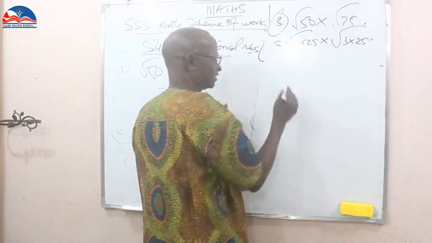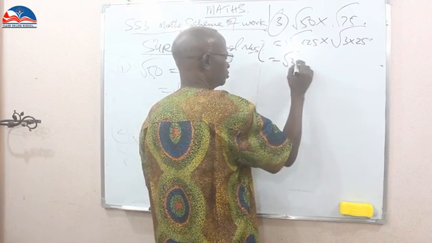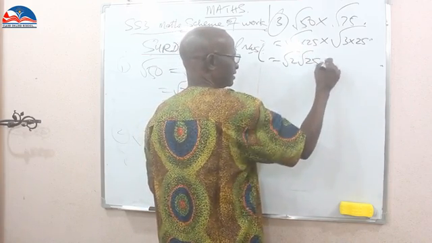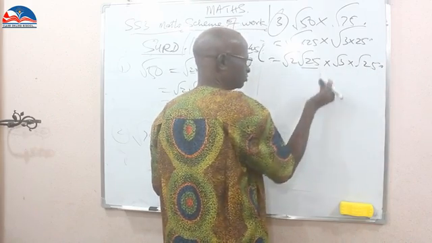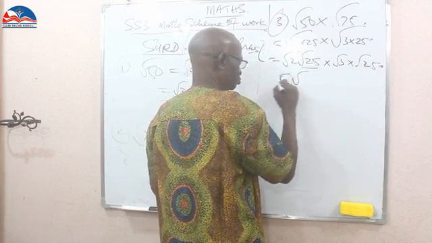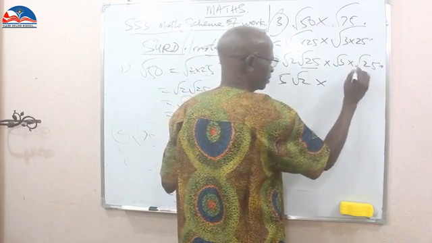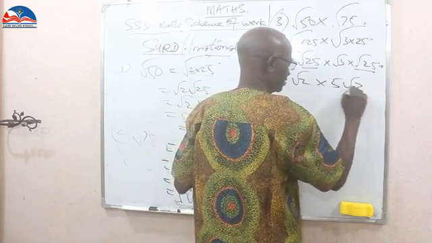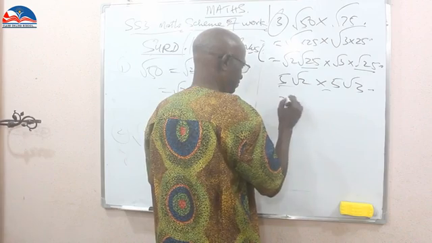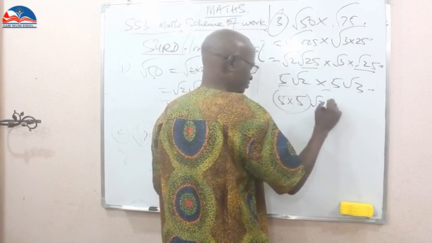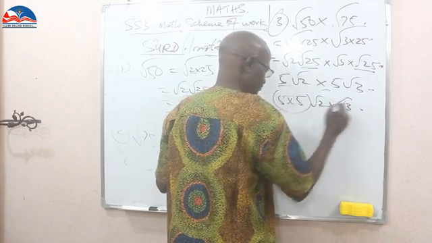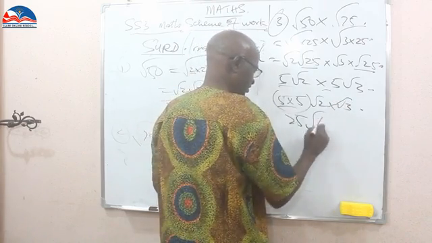Now take them one after the other: square root of 2 times square root of 25, times square root of 3 times square root of 25. You get 5 root 2 and 5 root 3. Then 5 times 5, keep it, then root 2 times root 3. This will give 25 root 6.